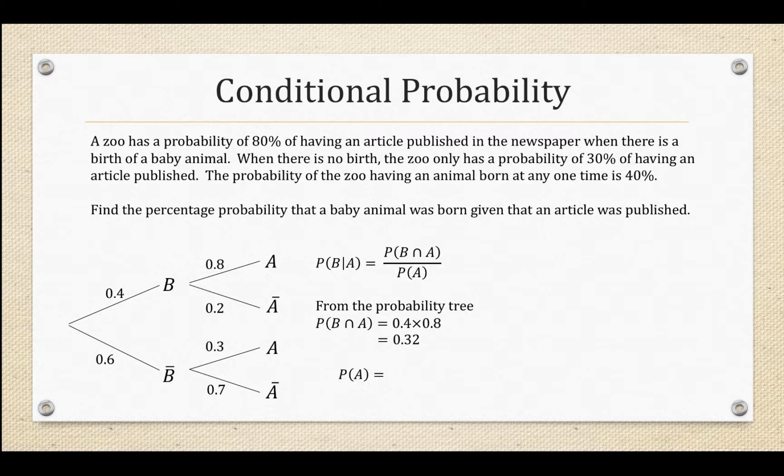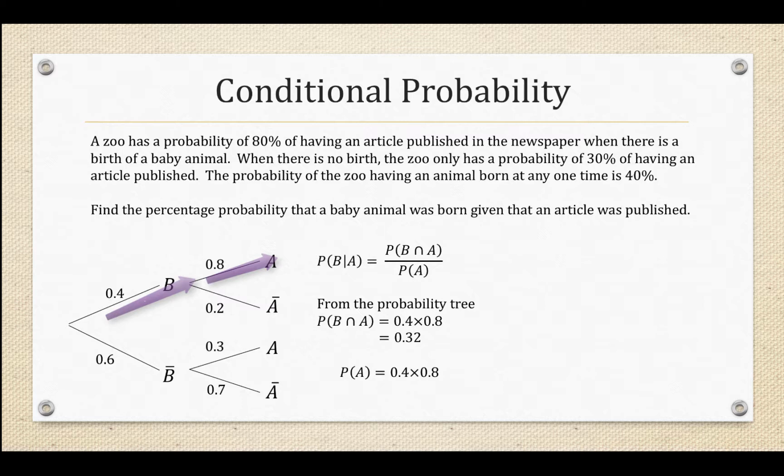To find the probability of an article being published, we're going to find the probability of these two branches. So that will give us 0.4 times 0.8 plus 0.6 times 0.3, which gives us a total of 0.5.